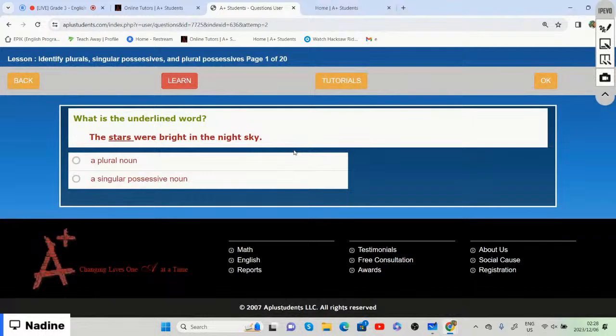All right. So now we need to say what is the underlined word. The stars were bright in the night sky. The underlined word, is it a plural noun or is it a singular possessive noun? So stars.